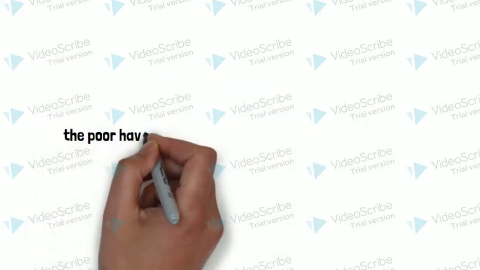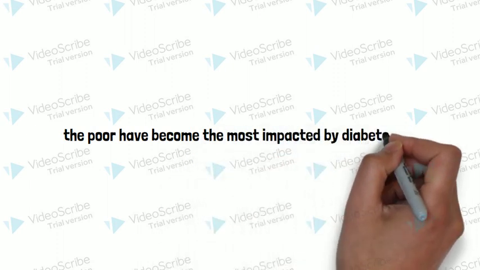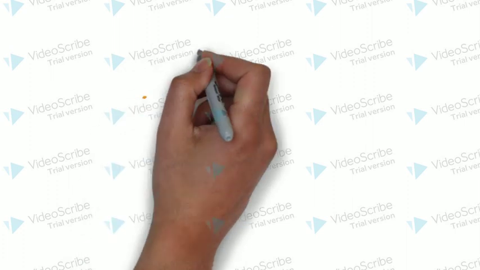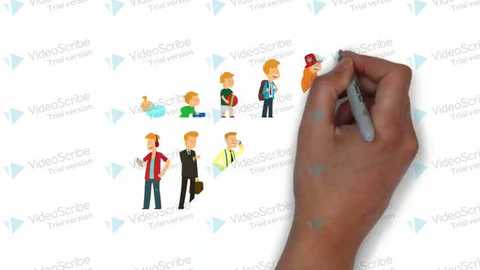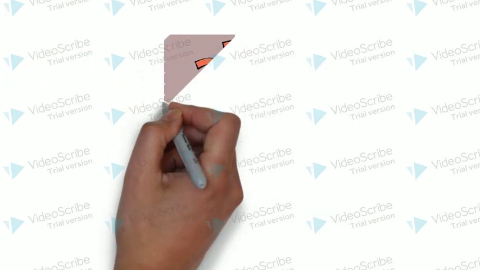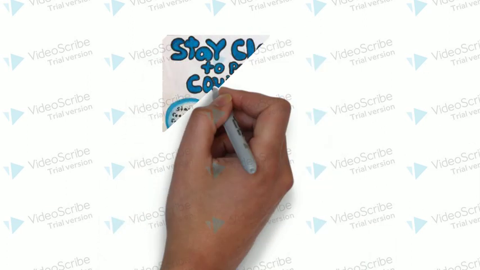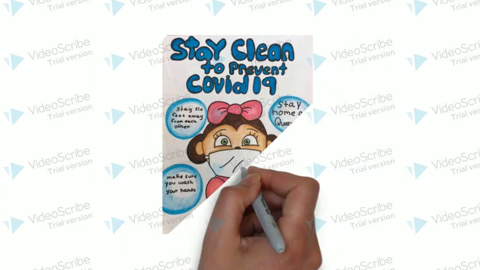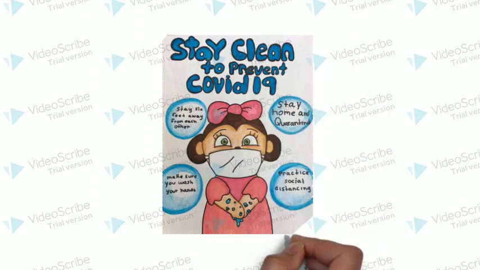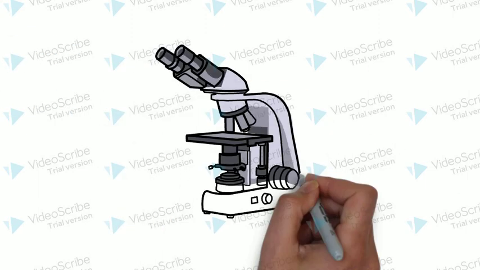Additionally, the poor have become the most impacted by diabetes, according to the WHO 2016. These lower income groups usually suffer the worst impacts and have the shortest life expectancy as a result of diabetes, owing to a lack of understanding and ability to pay for treatment and medicines. Additionally, as the coronavirus is a common factor in causing mortality and morbidity in the Caribbean region, studies have shown that the virus has placed a greater health burden on the poor than the rich.